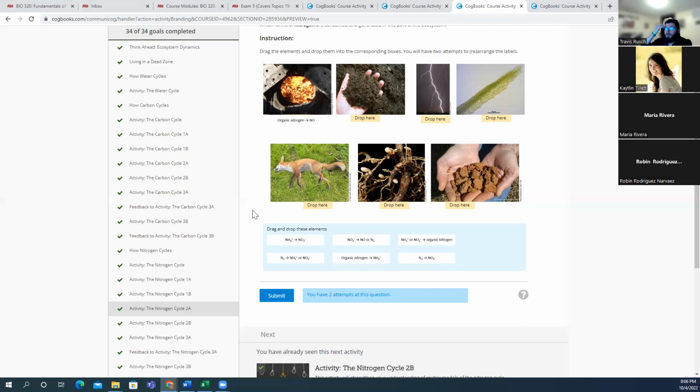Someone said top left, and we just said the top left box. My fault. Yeah, typically, they give off ammonia. So this is nitrification of ammonium, right? So this one right here, I would agree.